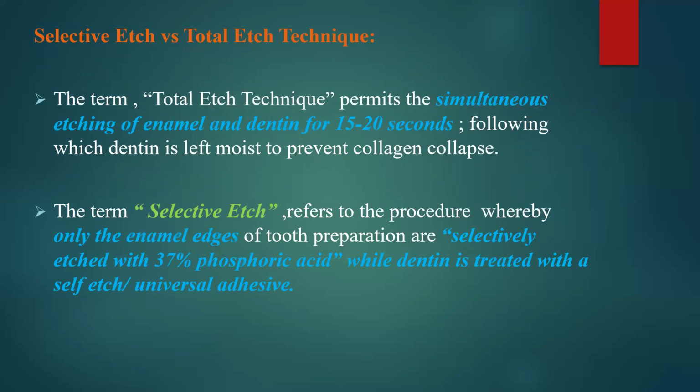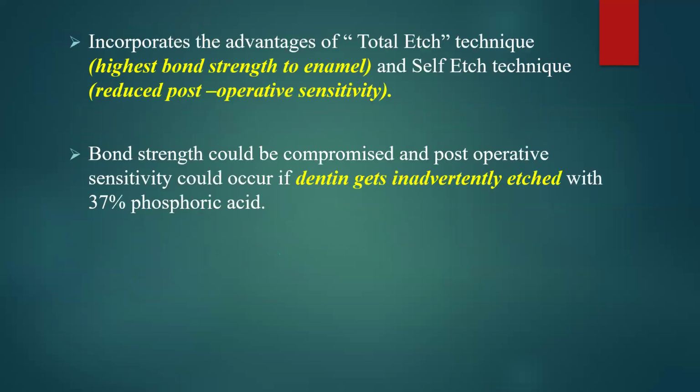Selective etching versus total etching. The term total etch technique permits the simultaneous etching of both enamel and dentin for 15 to 20 seconds, which is followed by rinsing, in which the enamel and dentin are left moist to prevent collagen collapse. The term selective etch refers to the procedure whereby only the enamel edges of the tooth preparation are selectively etched with 37% phosphoric acid, while dentin is treated with a self-etching or a universal adhesive.